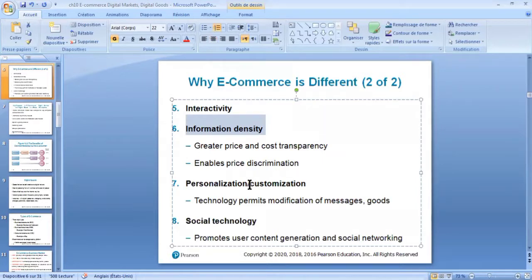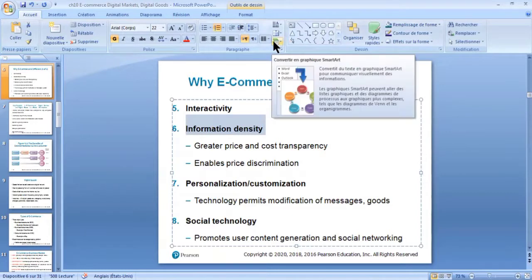Information density نقصد بها يعني the quantity and the quality of information that is available to both consumers and merchants. فال e-commerce reduces the costs of acquiring, processing, and storing new information, while at the same time increasing the relevancy, the accuracy, and also the timeliness of the information.